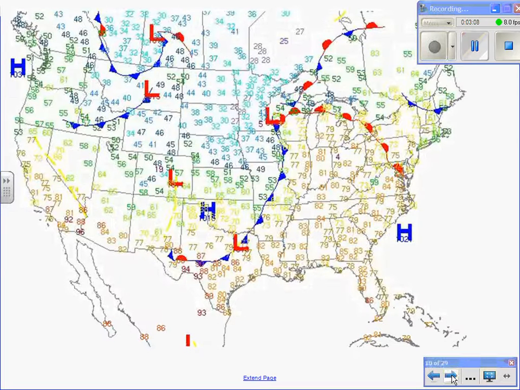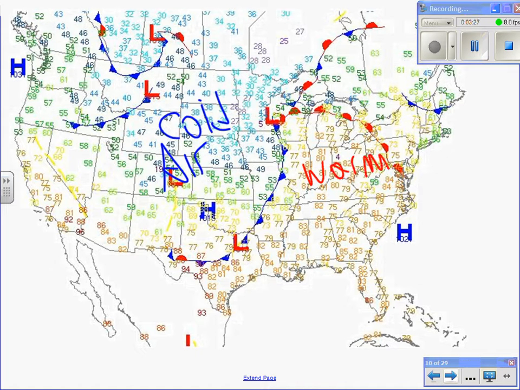All right, so here is, again, cold air. If you look at the temperatures, they're mostly in the 40s and the 30s and some 20s, so we have cold air. And here we have warmer air. Okay, now sometimes they'll ask this: where is the source?